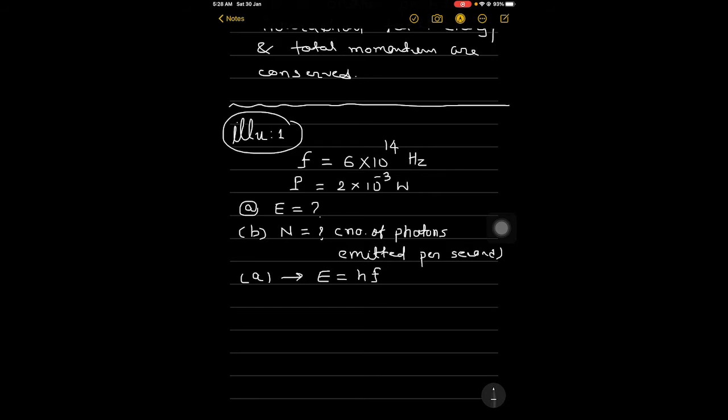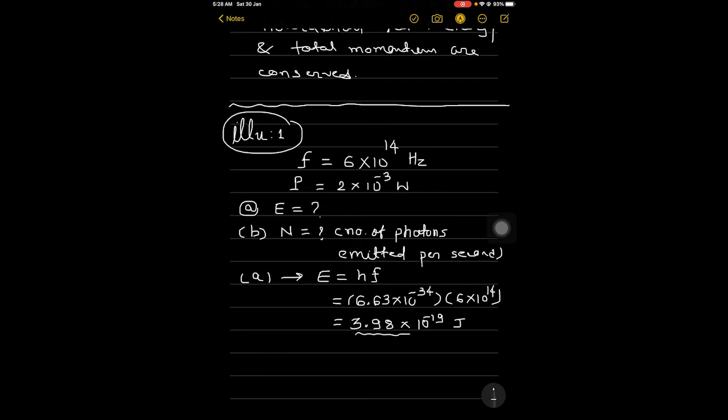If we put in the values, 6.63 into 10 to the power minus 34 and frequency 6 into 10 to the power 14, it comes out to be 3.98 into 10 to the power minus 19 joule.